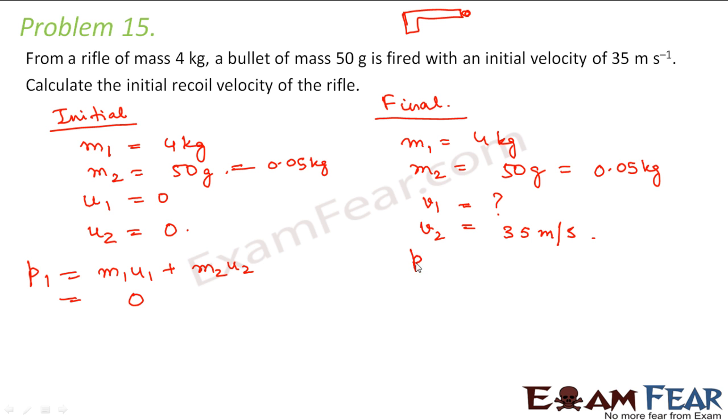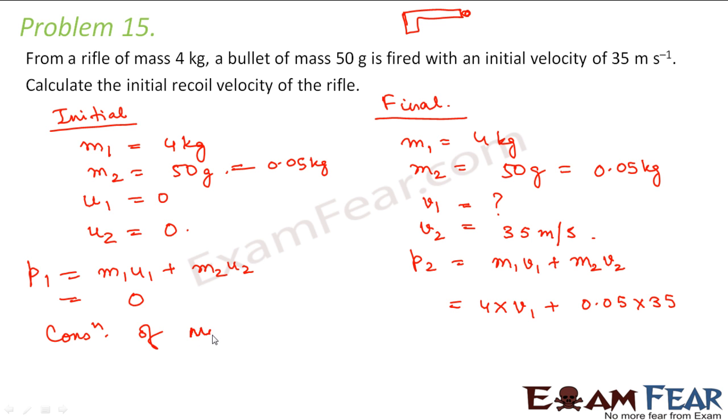What would be the final momentum? That will be equal to m1v1 plus m2v2, that will be equal to 4 into v1 plus 0.05 into 35. Right? Now, as per conservation of momentum, total initial momentum should be equal to total final momentum.